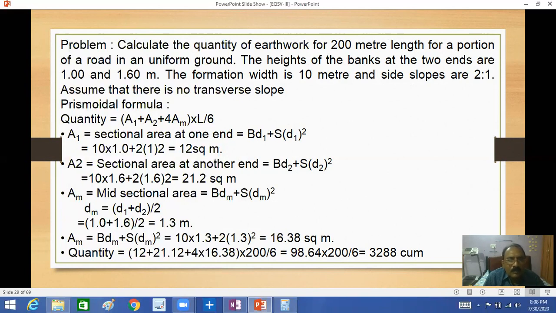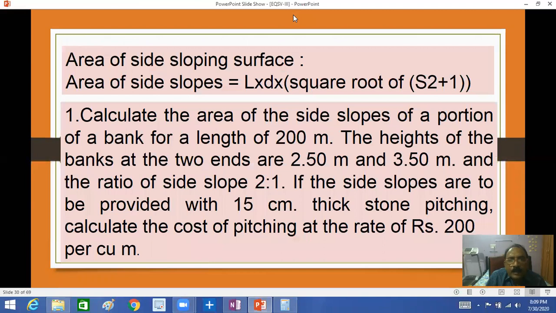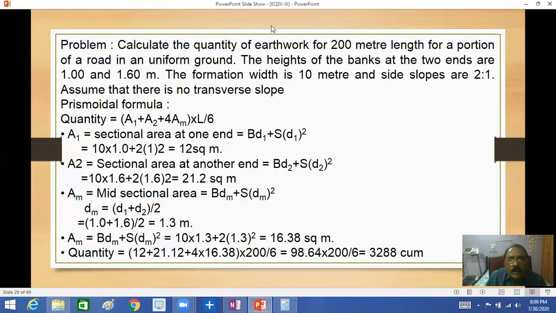A1 equals BD1 plus SD1 square. Here D1 is 1 meter and your B is 10 meters.